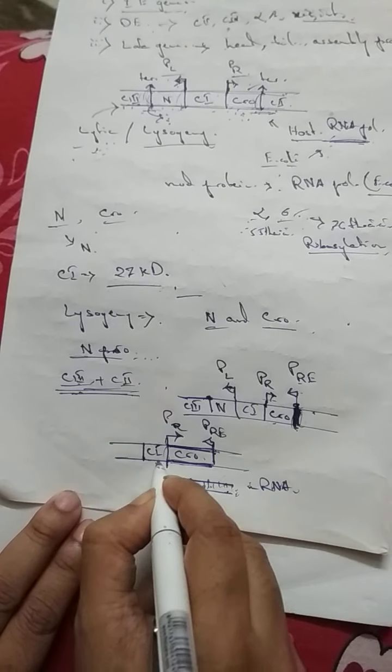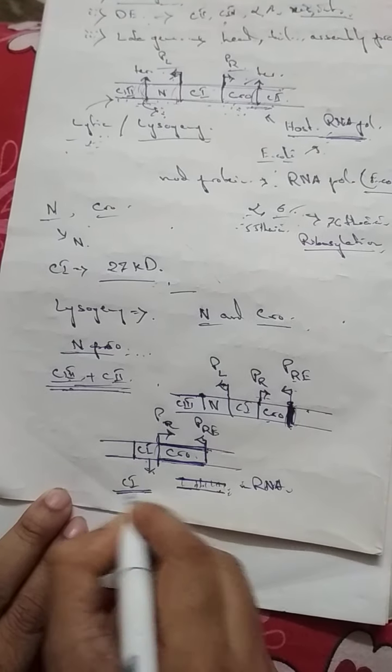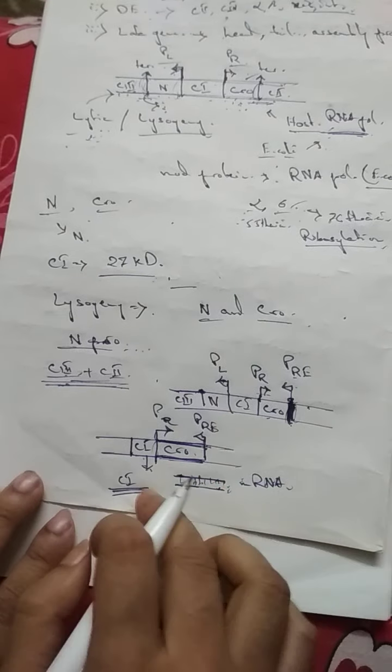So the C1 gene expresses itself first, and the C1 protein appears. It is very important that the C1 protein appears in our system first. Now C1 binds at the operator that overlaps with a weak promoter called the PRM. This is the second promoter after the PRE. PRE stands for promoter for repression establishment, and PRM stands for promoter for repression maintenance.